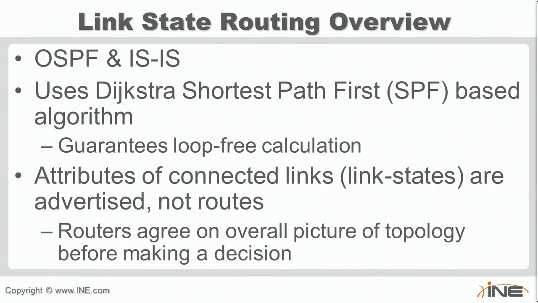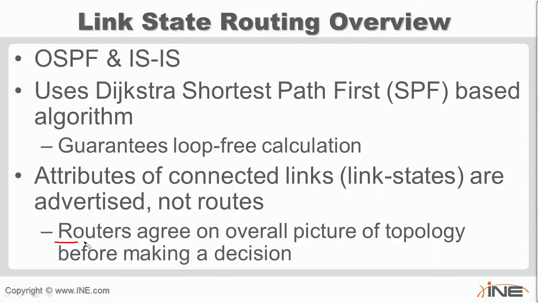The overall idea about these two protocols is that we first need to build a map of the network. This is what OSPF considers the OSPF database. So the database is a map of the network. We take the database and put it into the shortest path first algorithm. The result is the shortest path tree, which we then actually use to route the traffic. But this is the big difference between EIGRP and OSPF, that at any given time, the routers have to agree on what this picture of the topology looks like.